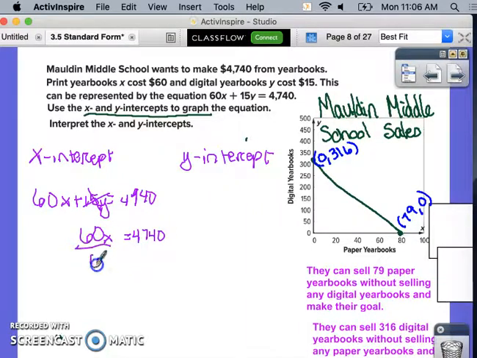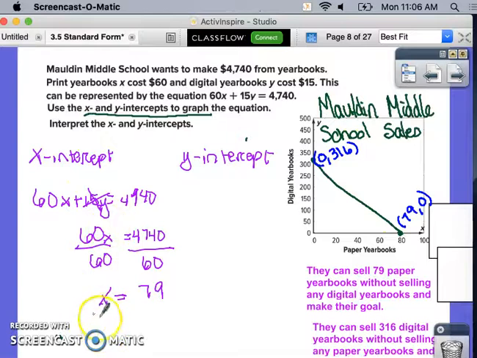Okay. Divide both sides by 60, and I get x is equal to 79, I think. Looking over here. Yeah, I forgot that my answers are over here.